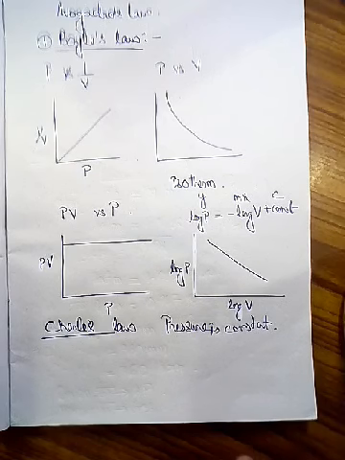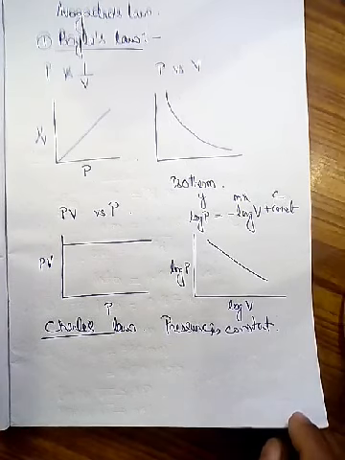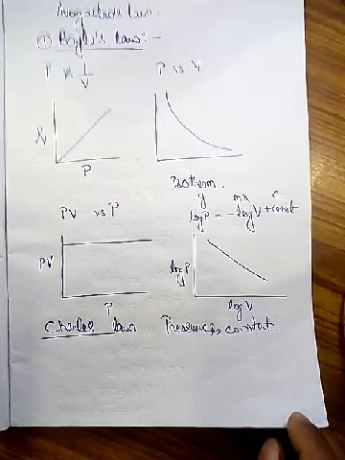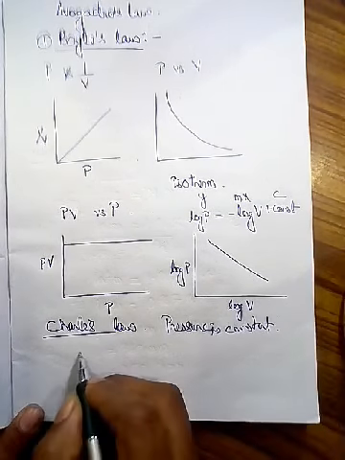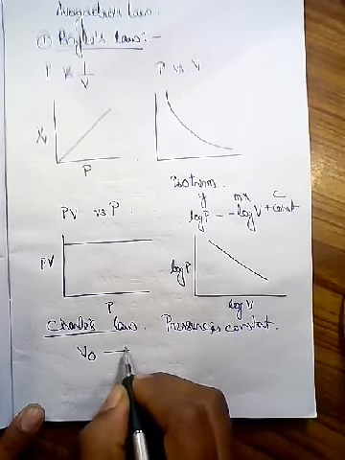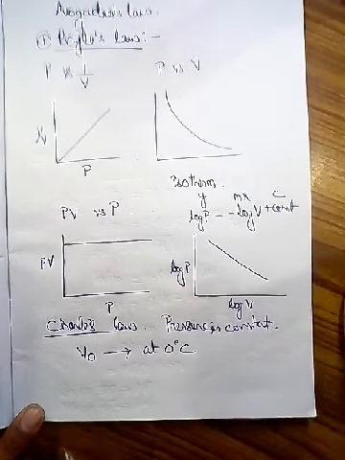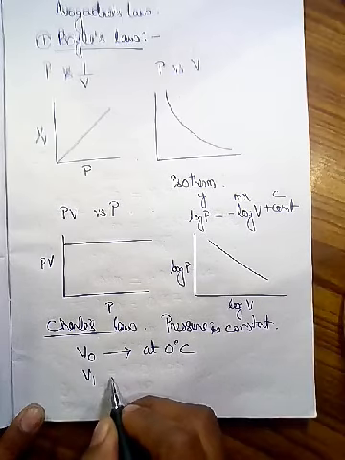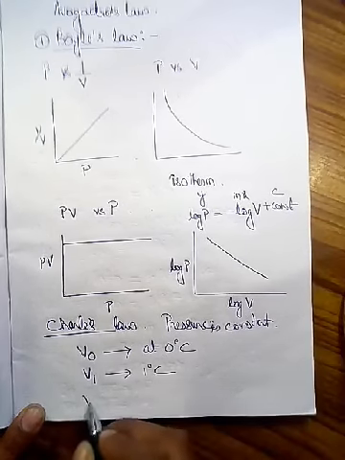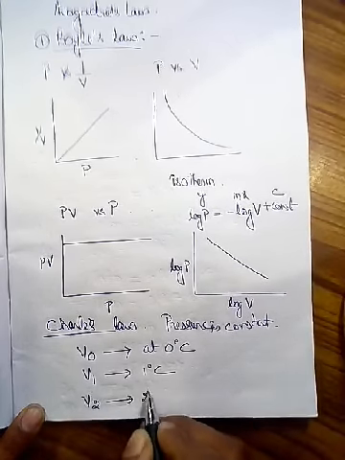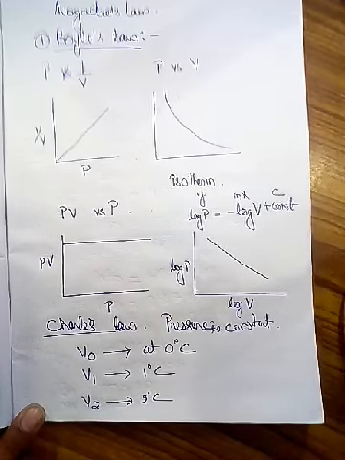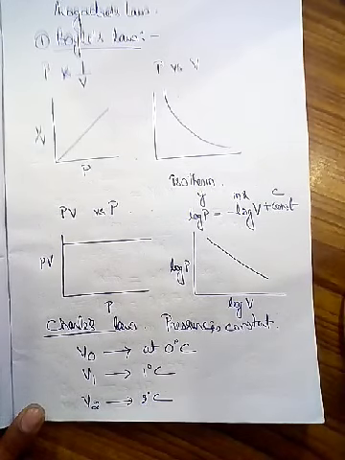It is 1 by 273 of its volume at 0 degrees Celsius. So mathematically, suppose V0 is the volume at 0 degree Celsius, V1 at 1 degree Celsius, V2 at 2 degrees Celsius. So mathematically we can derive Charles' law like this.